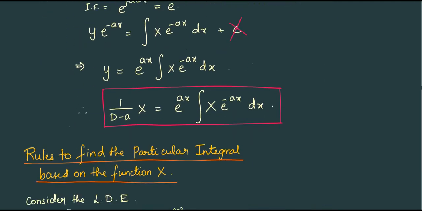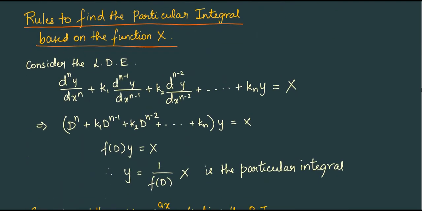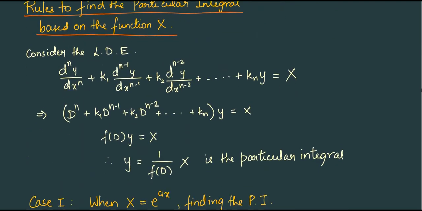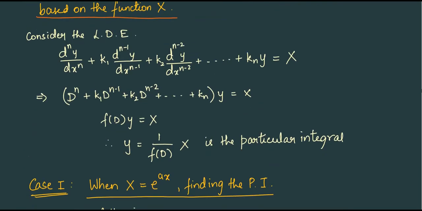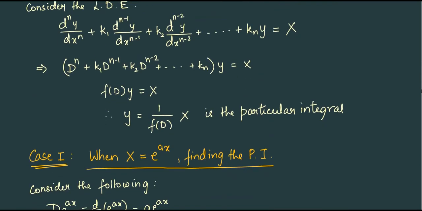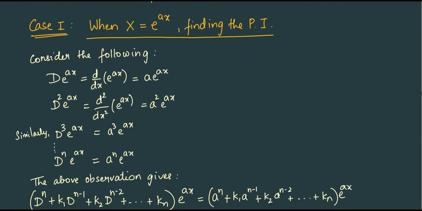So we showed this. Now once we know this, how to find the particular integral? To find the particular integral, it depends so much on what our x is, the right hand side. So the first case is when the right hand side is an exponential function.